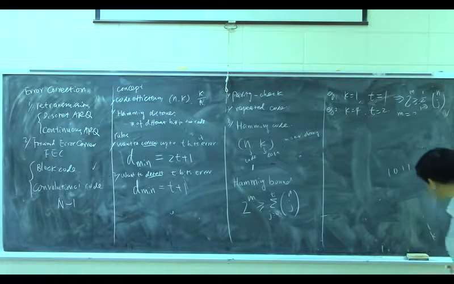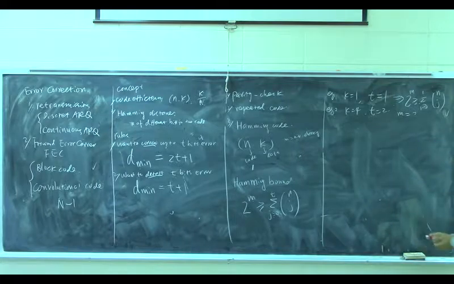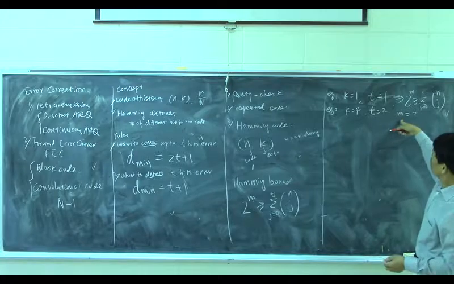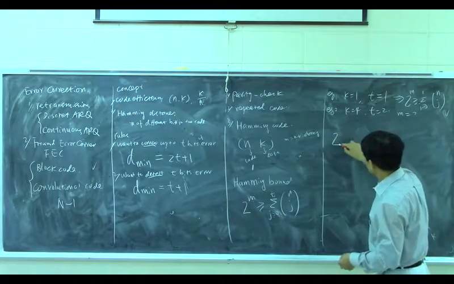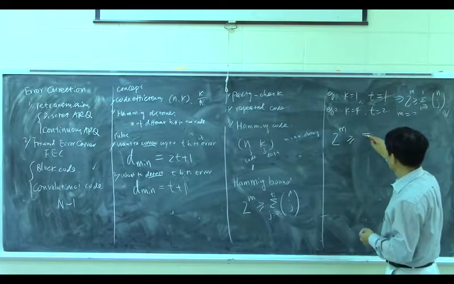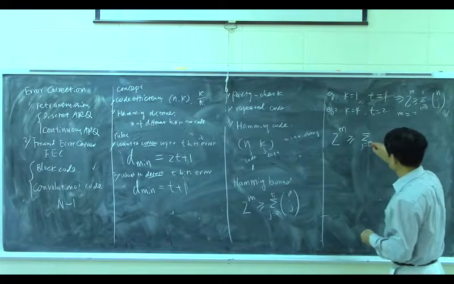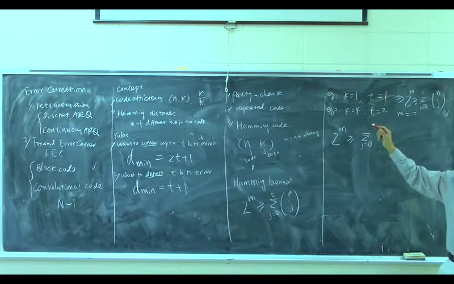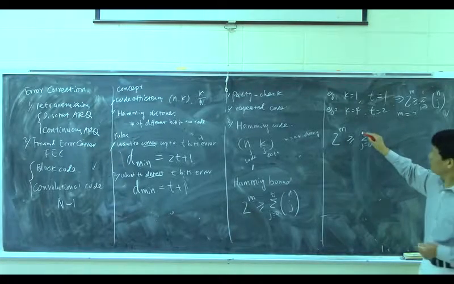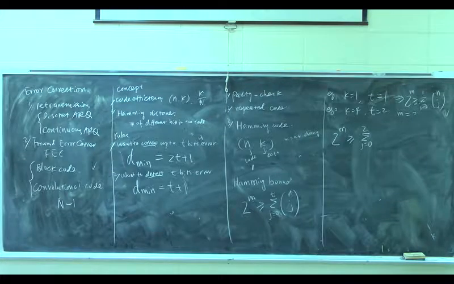How to do this? Again, let's do this. 2 to the M is greater than or equal to the sum of J from 0 to T, so 2. Make sense? You don't need to write the code.